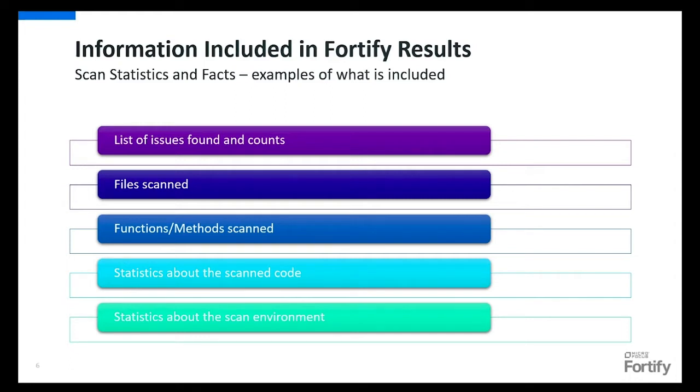We give you information in some of the tools, and notably in Audit Workbench, a list of functions and methods that were scanned. You, in a lot of cases, would want to know that. We provide you with statistics about the scanned code, how many lines of code were scanned, how many were found in the different files that were scanned. And we provide you with statistics about the scan environment, facts like how long the scan took, what machine it was done on, and so on.